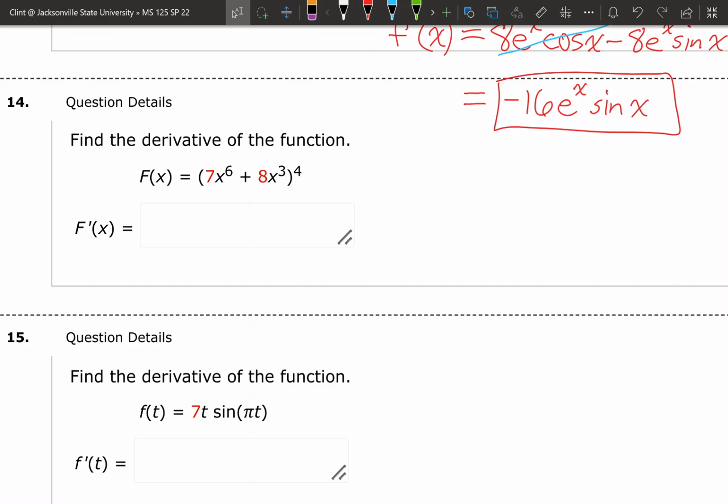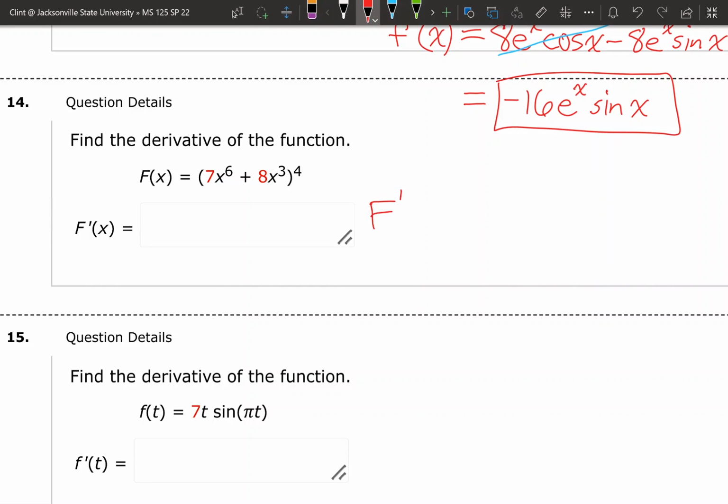Chain rule. Or we could do a lot of product rule if we really wanted to. We could expand it out, times itself 4 times and do product rule, but I don't want to do that. So do chain rule. So it's the derivative of the outside, leave the inside alone, and then times the derivative of the inside.